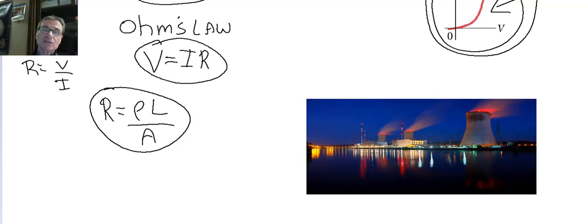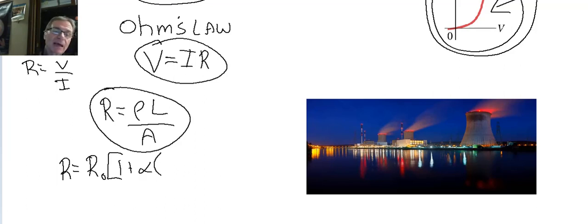Another thing about resistors is that they react to temperature, okay? And so the resistance of a particular resistor is equal to its resistance at some known temperature times 1 plus alpha, and alpha would be for this type of material, whatever the material is, how it reacts to temperature, okay?